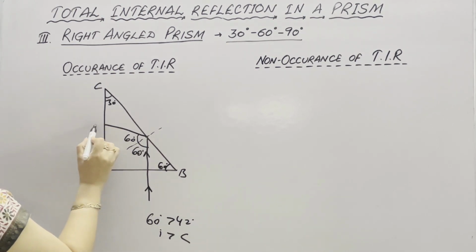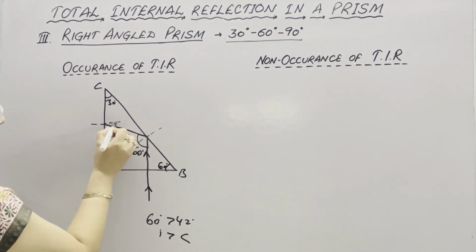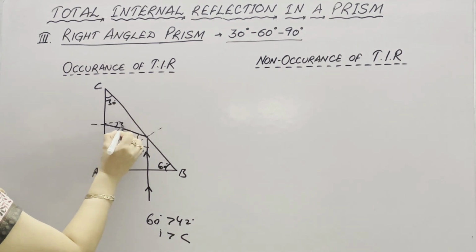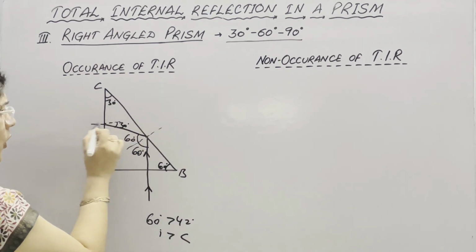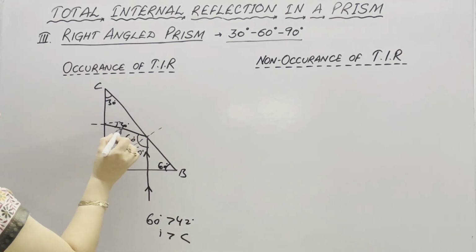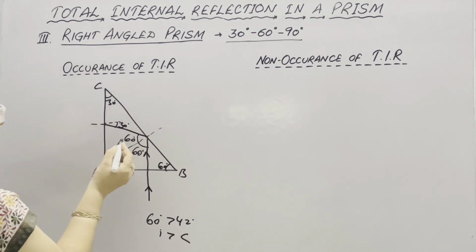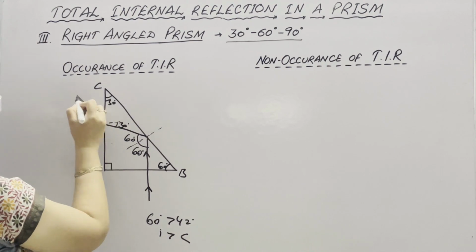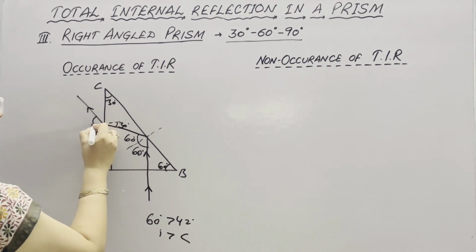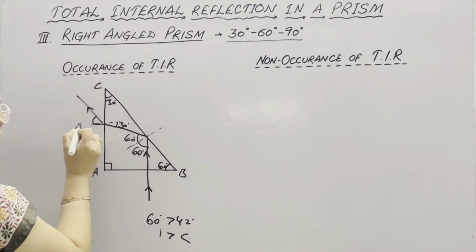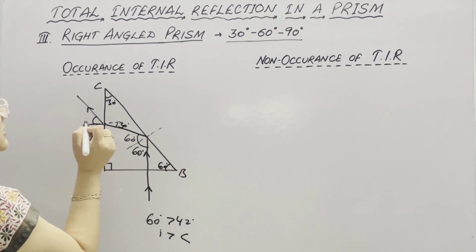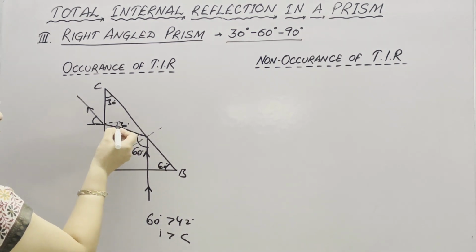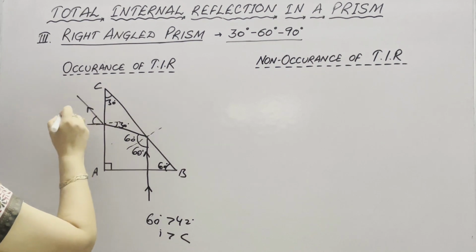When it strikes this surface, it makes an angle of 30 degree with the normal, and since it is coming from denser to rarer medium, it bends away from the normal. So the angle which it makes on this side of the prism, the emergence angle, is more than 30 degree and less than 60 degree.